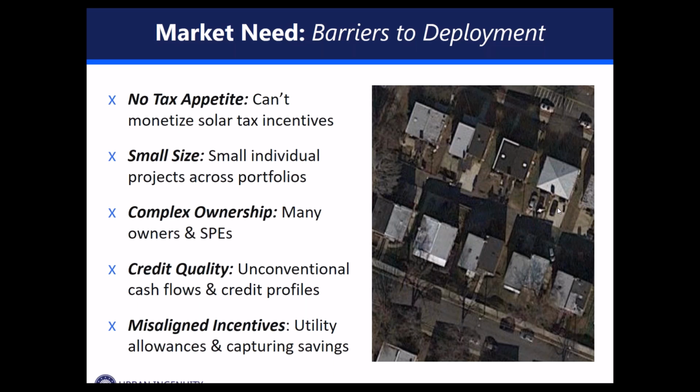Another issue that is often a challenge in the affordable sector is that you see a lot of small rooftops, 20, 50, 80 kW system sizes, or roofs that have other uses with various HVAC mechanical systems going on there. Figuring out how to take small projects and make them economical is challenging, or how to aggregate multiple small rooftops, even if they're under one developer's ownership, they may be each under a separate special purpose entity.